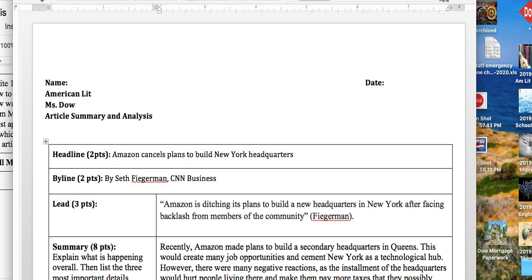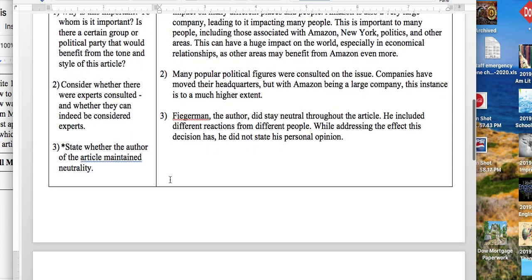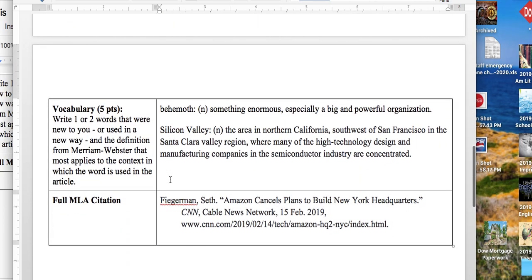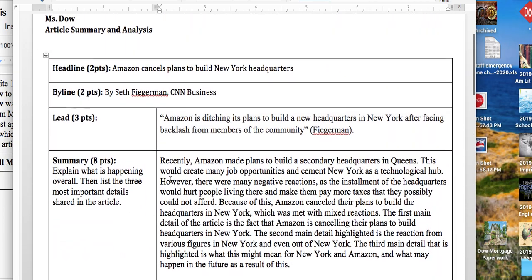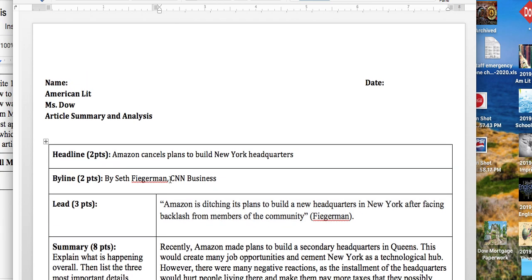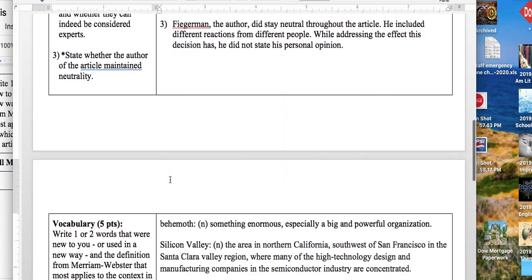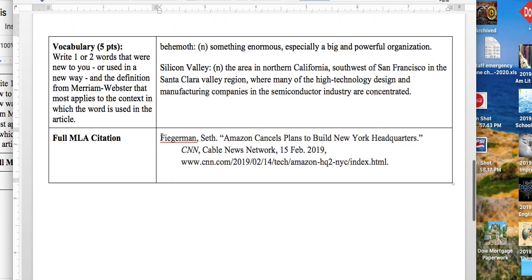But that should be pretty straightforward for you. It shouldn't take you too long to do this article analysis. Again, start with your very first article, and with the sites I've given you, you should be able to pull the MLA citation right off that article, okay?